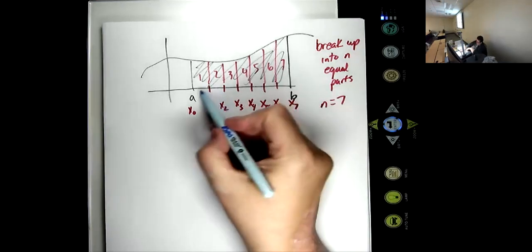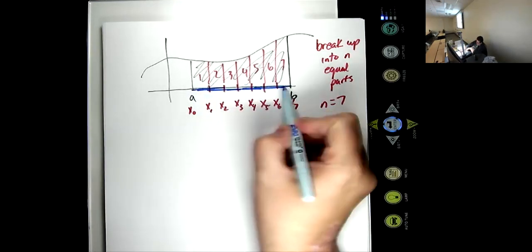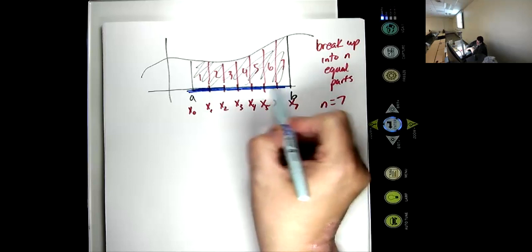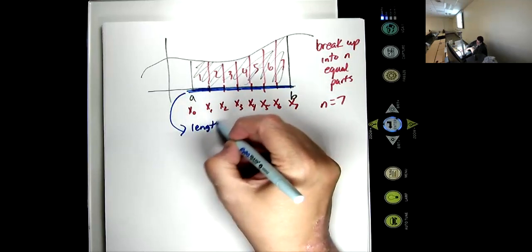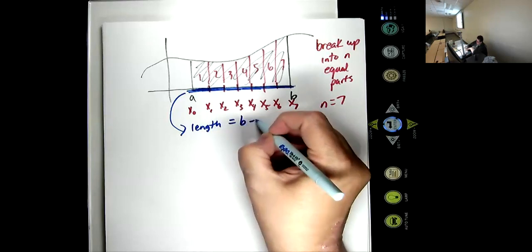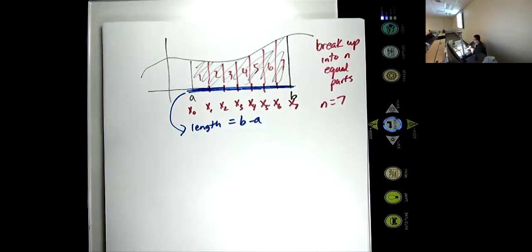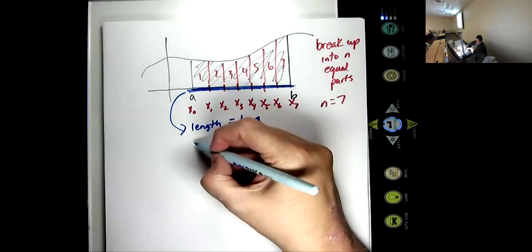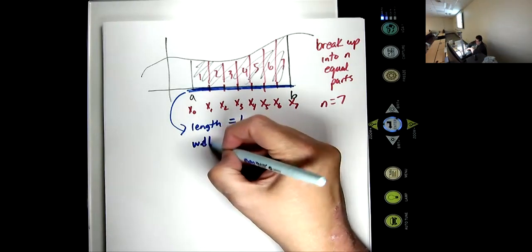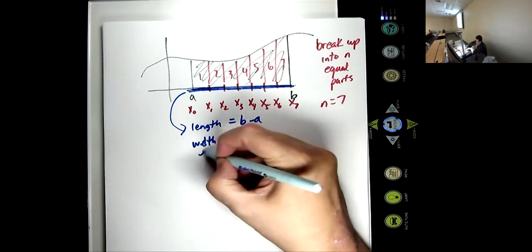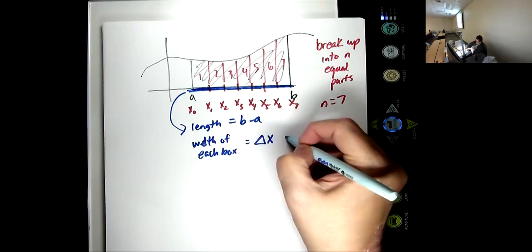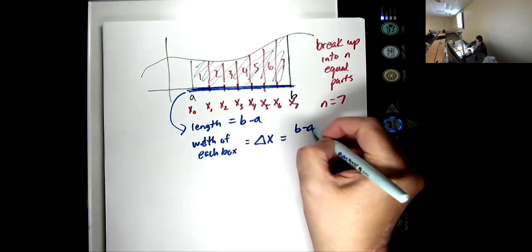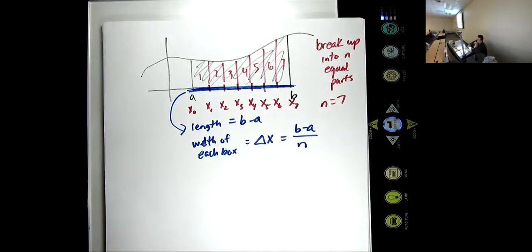This length right here is B minus A. So the width of each box, which we call delta X, is B minus A over N. We divide it by the number of boxes we made.